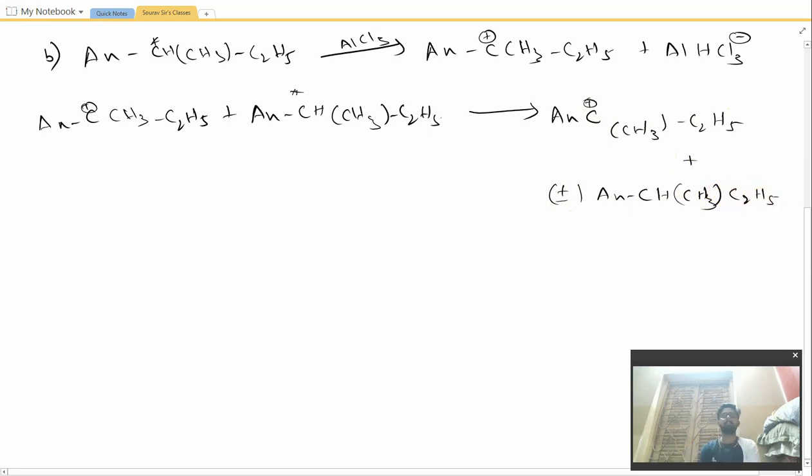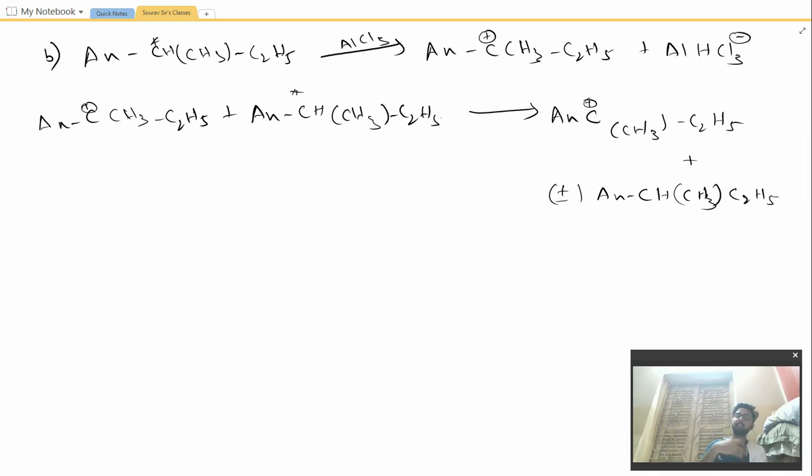So what is happening here? The intermediate which is formed takes up the hydride ion from another molecule of the single enantiomer taken in the starting, like a chain type of reaction.